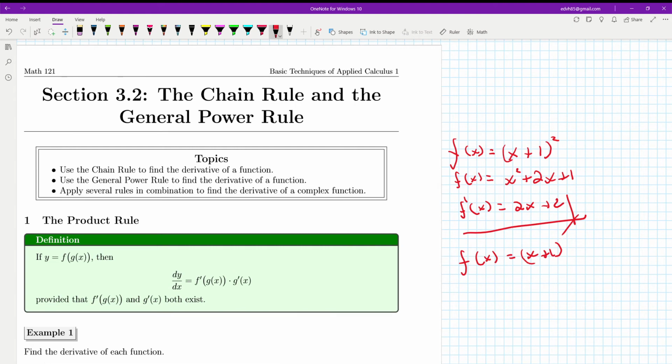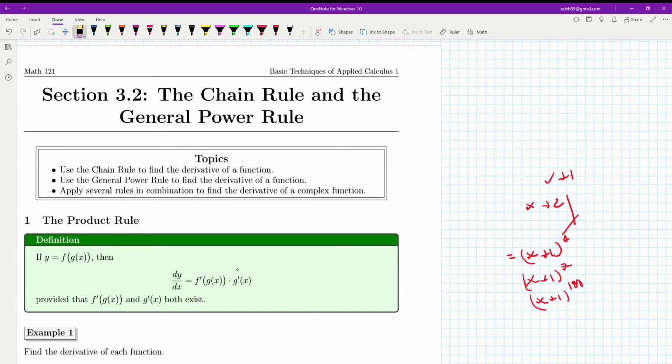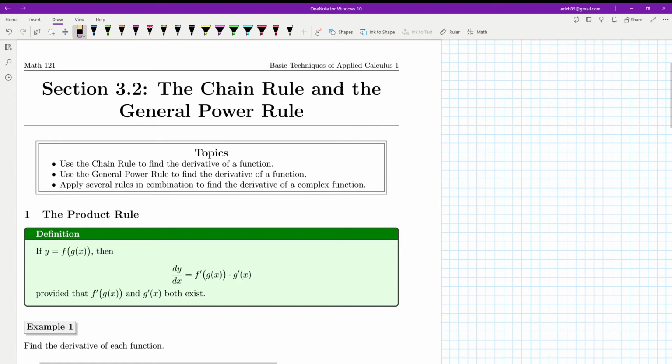And the higher the power, like to the power 4, to the power 7, x plus 1 to the power 100, imagine having to FOIL that 100 times. It's simply not practical. So in this case, we need to consider these functions more like a composition function and separate the parts into two, and you'll see how.